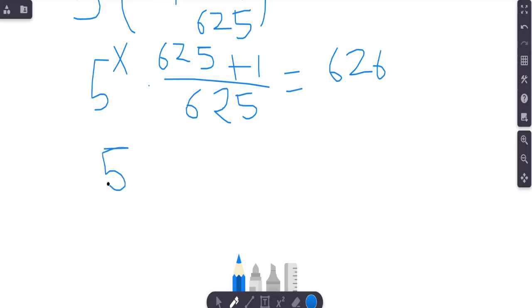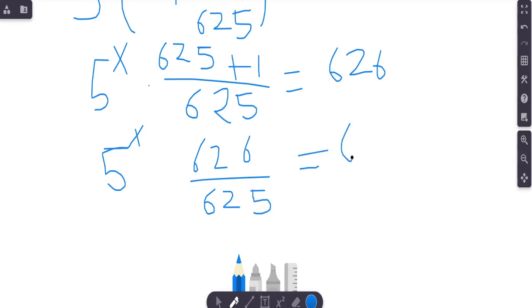So now it gives 5 to the x multiplied by 626 divided by 625 equals 626.